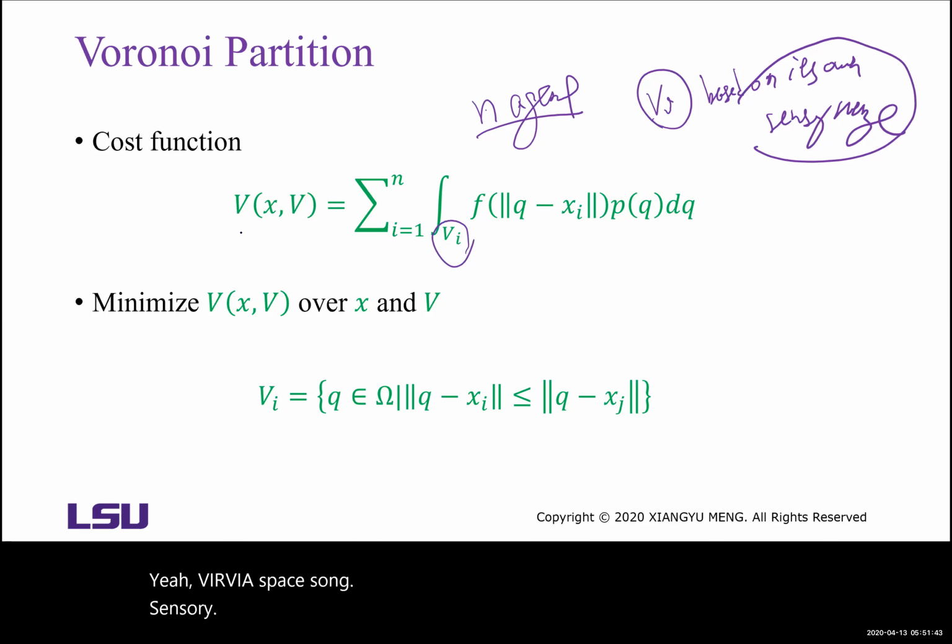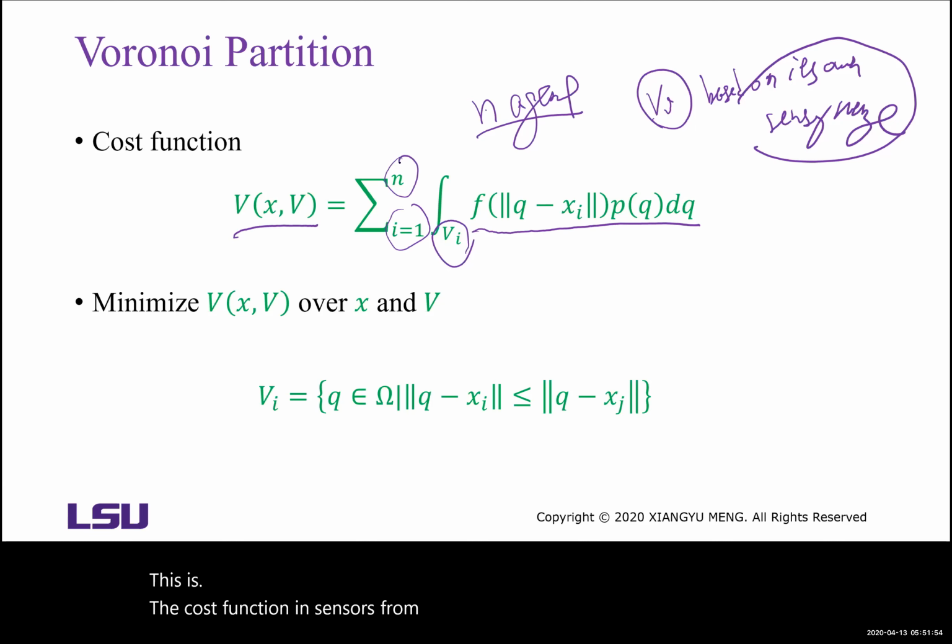Then this is the cost function. We have n sensors from 1 to n, and the Vi form a Voronoi partition.